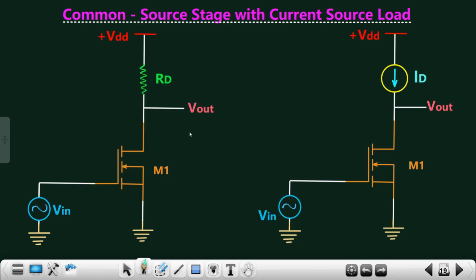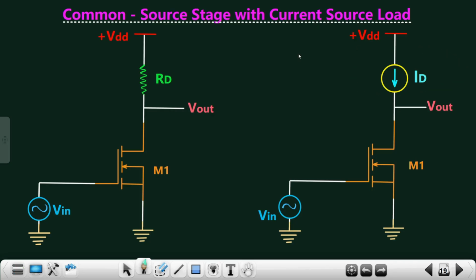Now what if I tell you that instead of this particular resistor RD we are connecting a constant current source? You might think about why exactly we are doing so. I'll come to this point later on, so don't worry about that. Just imagine that instead of RD we are connecting one constant current source.